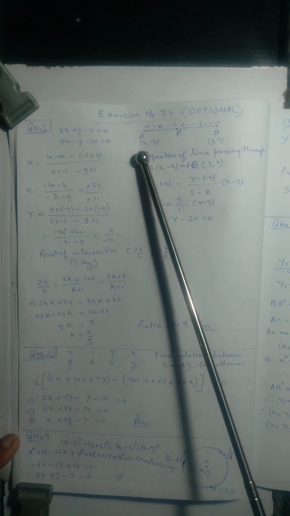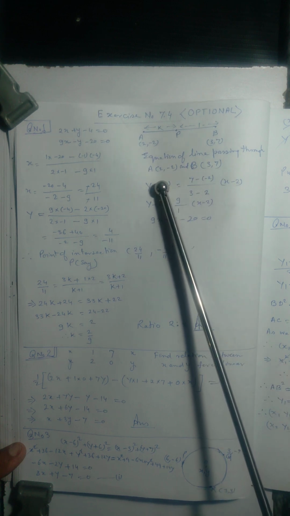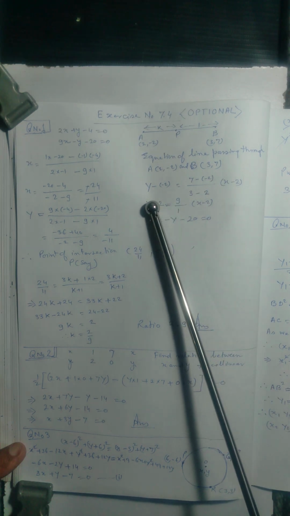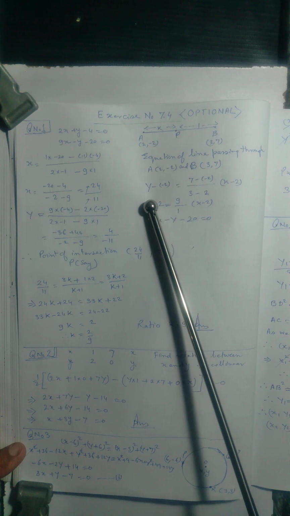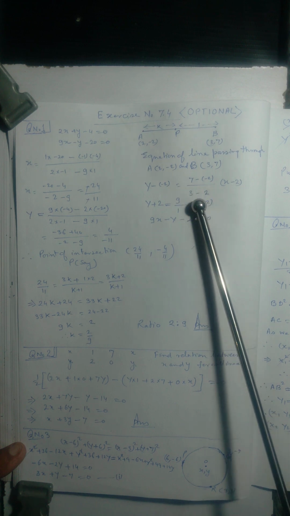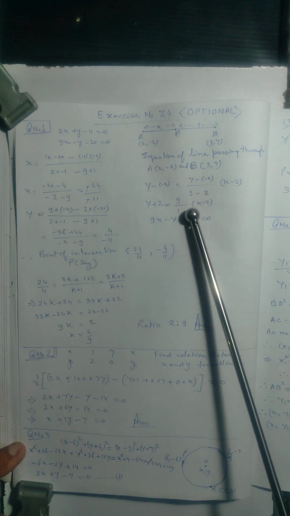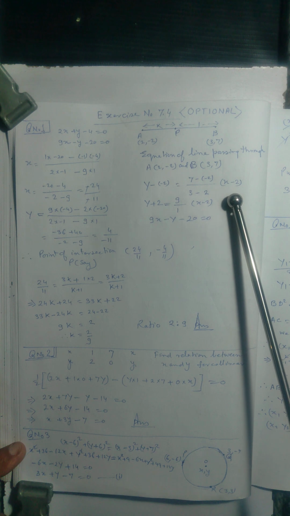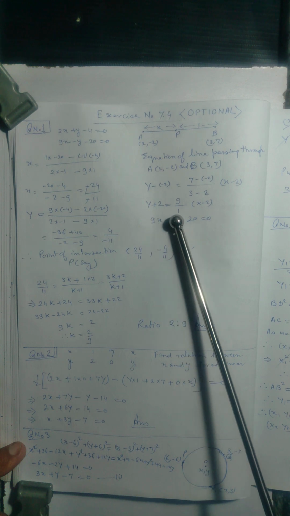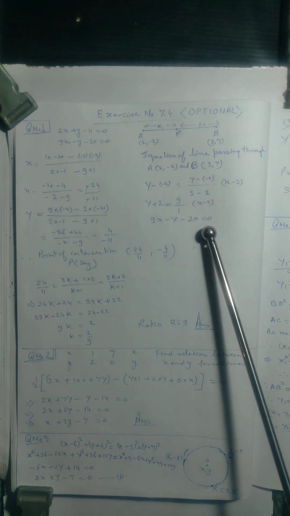First of all, the line passing through A and B. The equation for the line passing through A (2, -2) and B (3, 7) is y minus y1 equals (y2 minus y1) by (x2 minus x1) into (x minus x1). So y plus 2 will be equal to (7 plus 2) divided by (3 minus 2), that is 9 by 1, into (x minus 2).